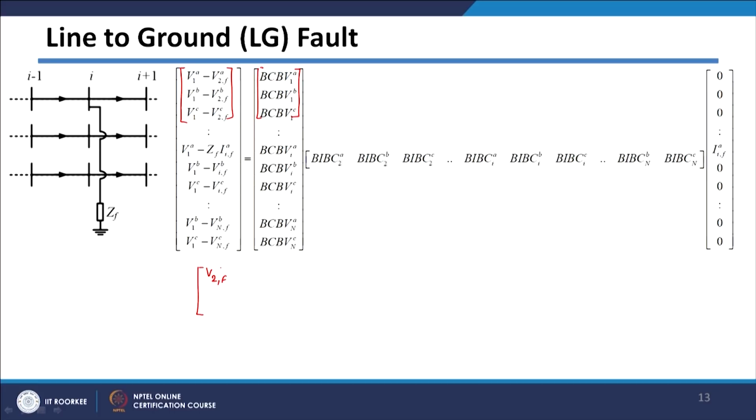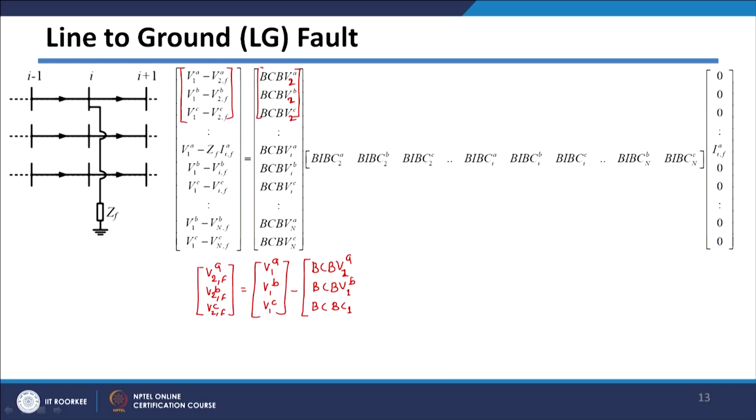So, V2F A phase, V2F of B phase, V2F of C phase, post fault voltages of all the 3 phases, will be equal to V1A, V1B, V1C minus, I need to take all the 3 rows now, BCBV 2A, BCBV 2B, BCBV 2C, here this is 2 actually.